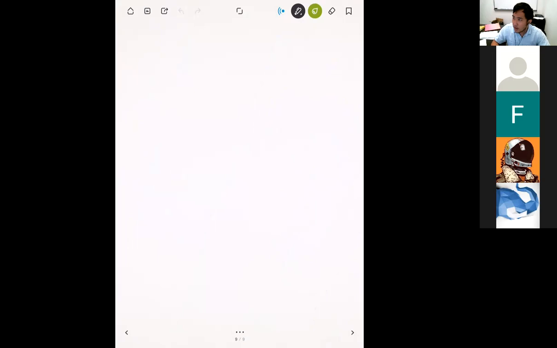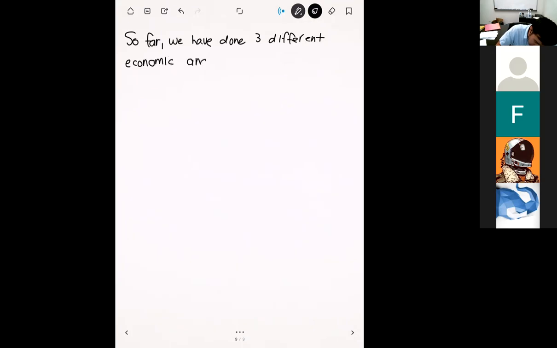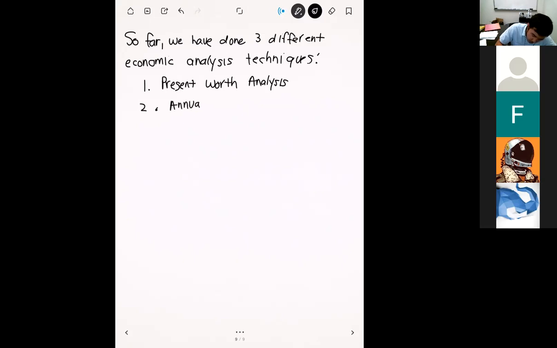So far we've done 3 different techniques: one is present worth analysis, 2 is annual cash flow analysis, and 3, which we just finished 5 minutes ago, was rate of return analysis.